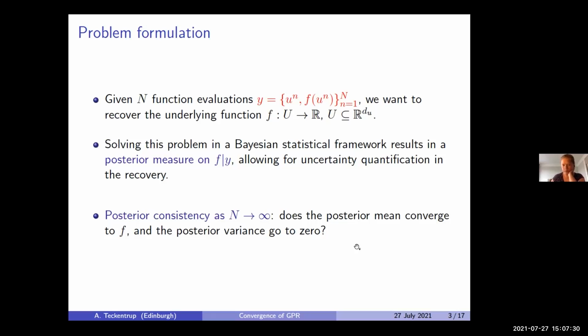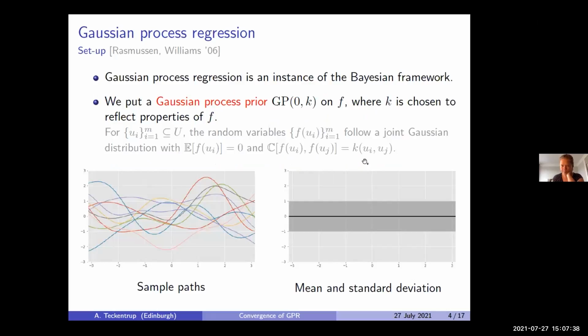So what is now Gaussian process regression? Gaussian process regression is just a particular example of this Bayesian statistical framework. And in particular, it corresponds to a particular choice of the prior distribution. So as I said, Gaussian process regression is a Bayesian methodology.